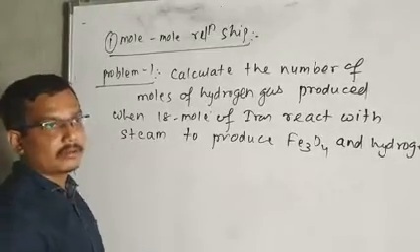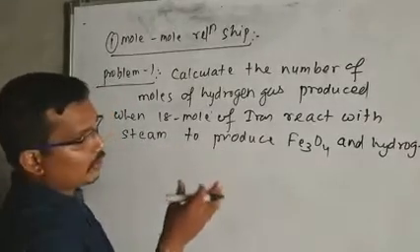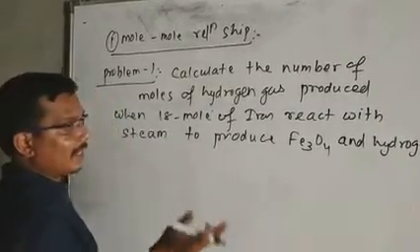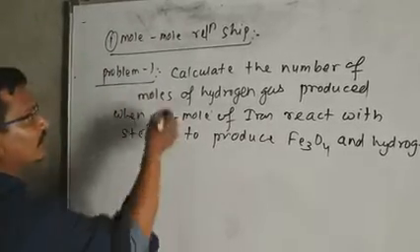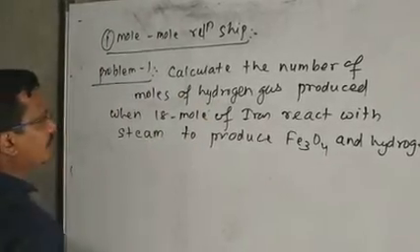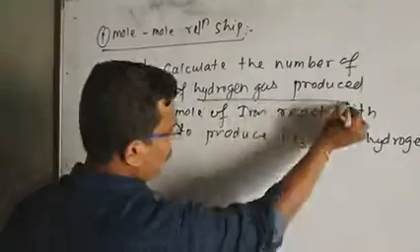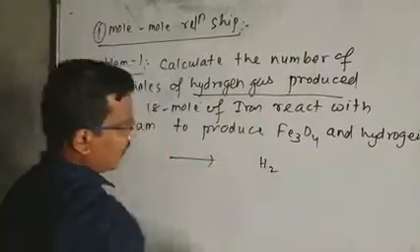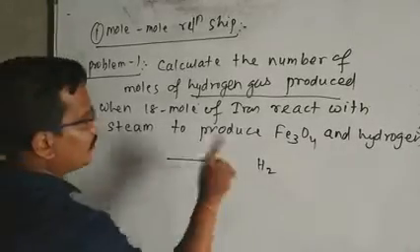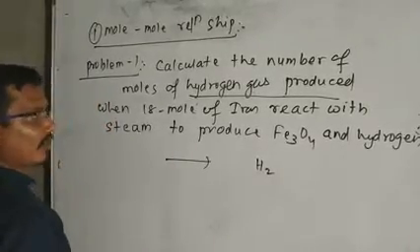Here, the sentence says hydrogen gas is produced. That means hydrogen must be present on the product side.